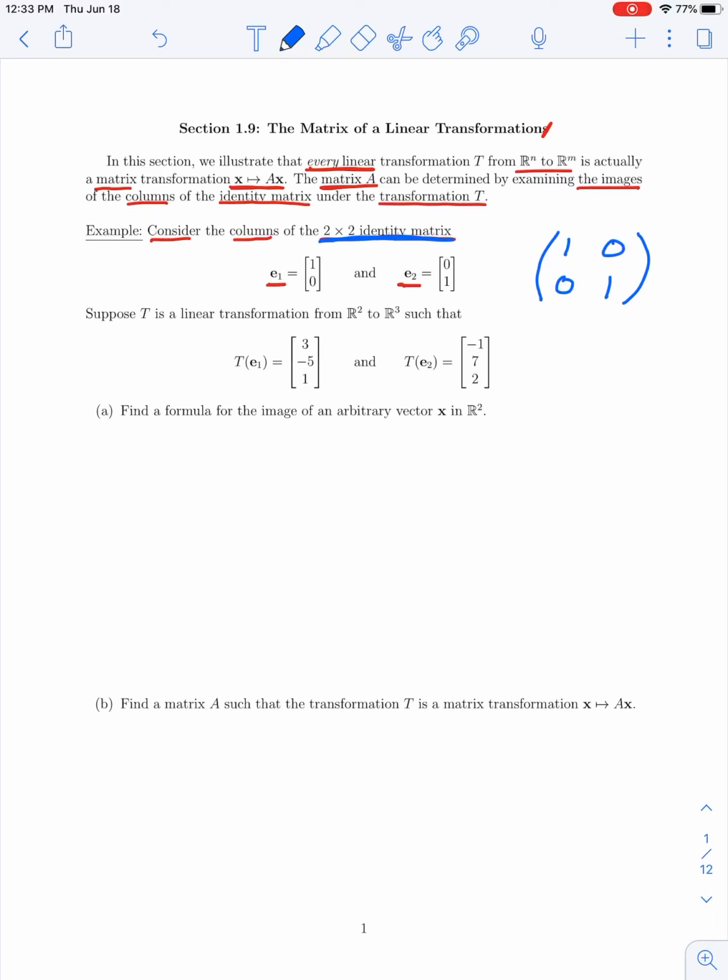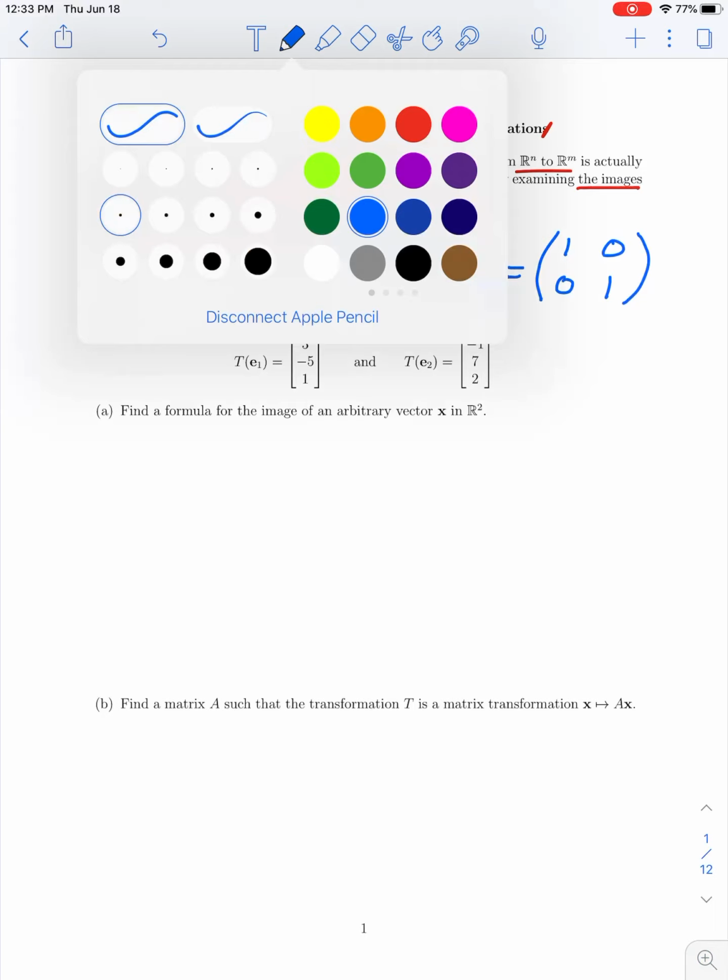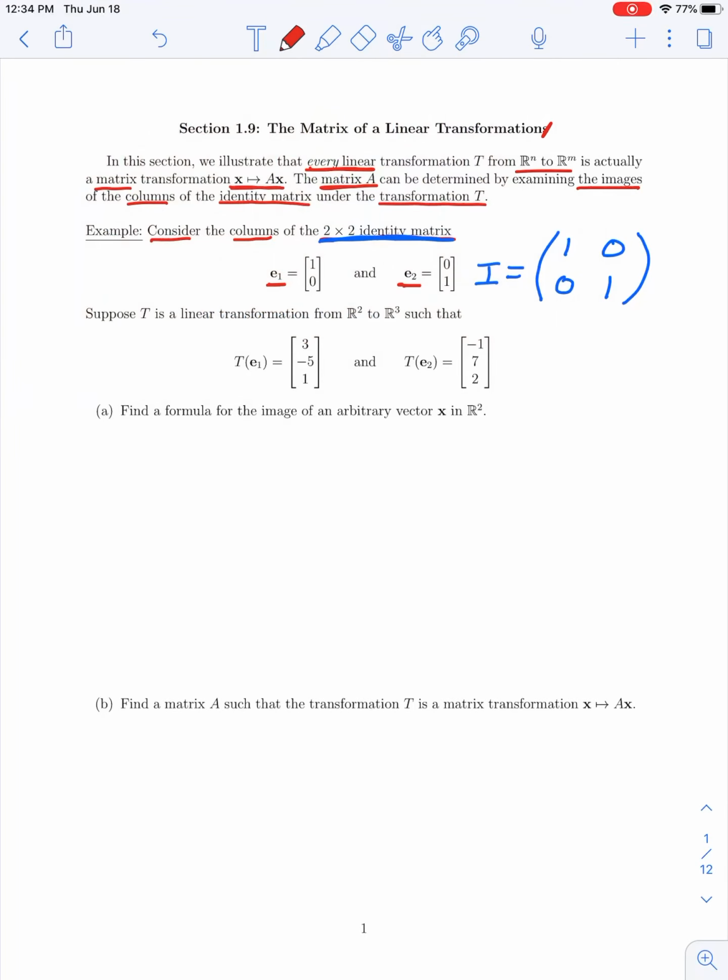So we have this 2x2 matrix, which is called the identity matrix, and it's typically denoted as capital I. And as we move through the remainder of the course, we'll see this identity matrix come up a lot. We'll discuss it in much more detail at the beginning of our chapter 2 material. So let's consider those two vectors, which are the columns of this identity matrix.